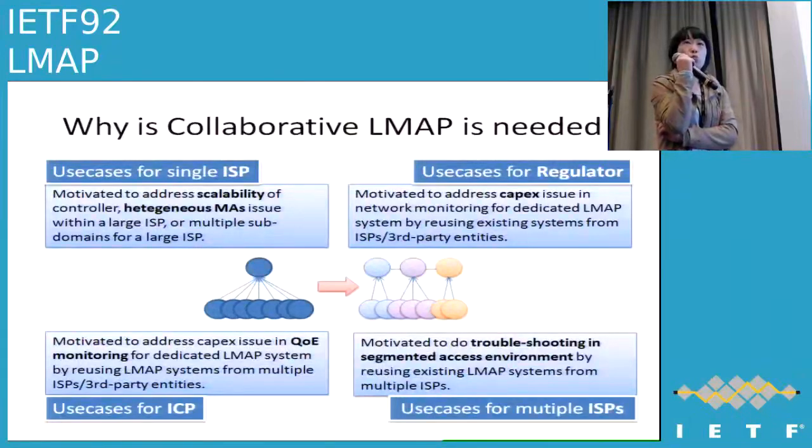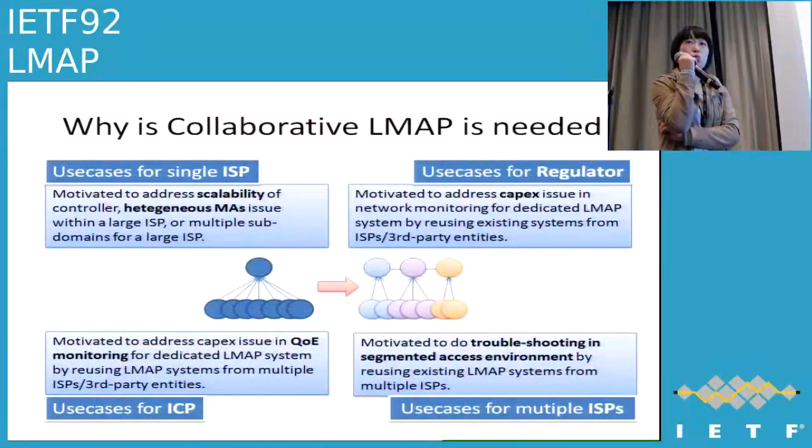The second problem is something that we by design put aside, and this is the issue of multiple domains. When we are saying multiple ISPs, we actually discussed that issue. We understood that it's a more complex issue.